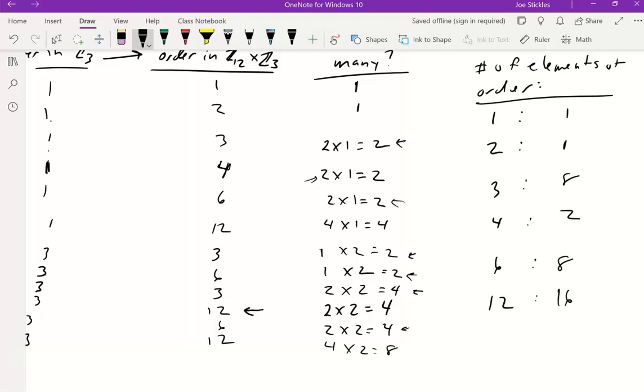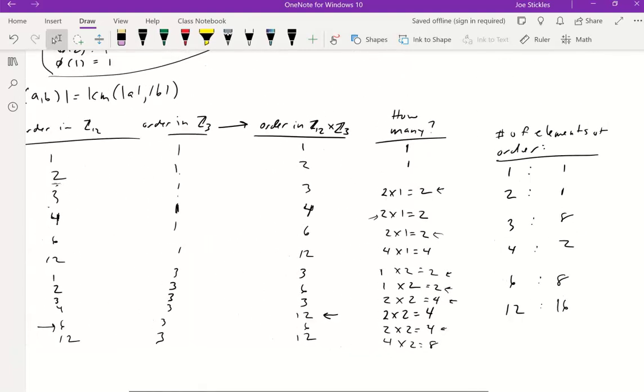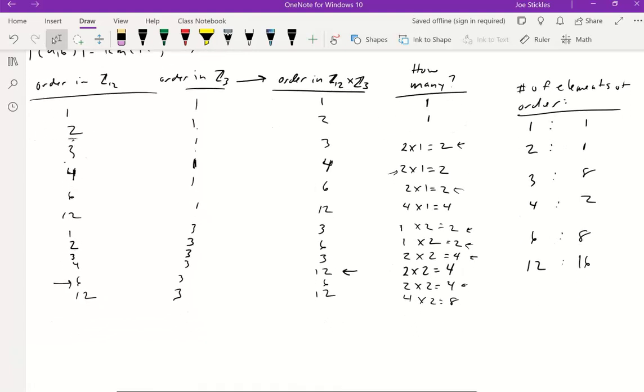Phew. We only have to do this 3 more times. All right. Let's do the same thing now for Z6 cross Z6.